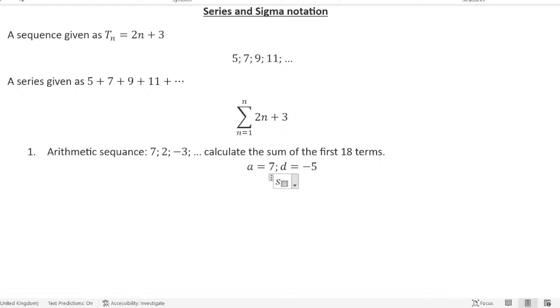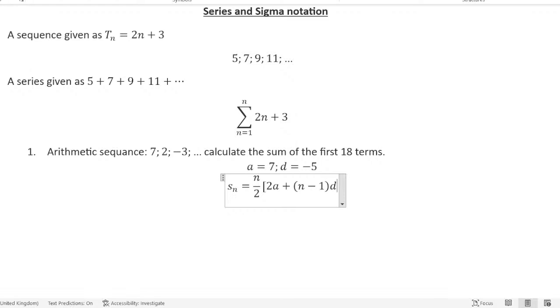The sum of terms, Sn, is equal to n over 2 into 2a plus (n minus 1) times d.